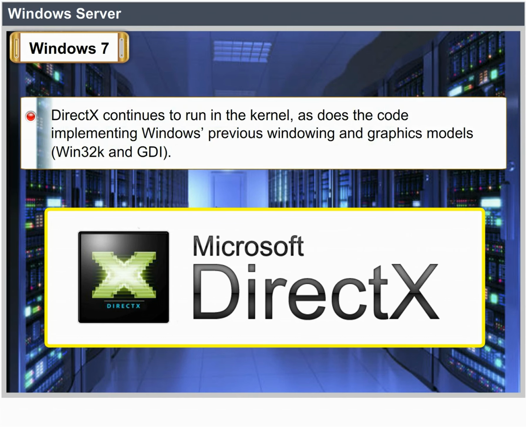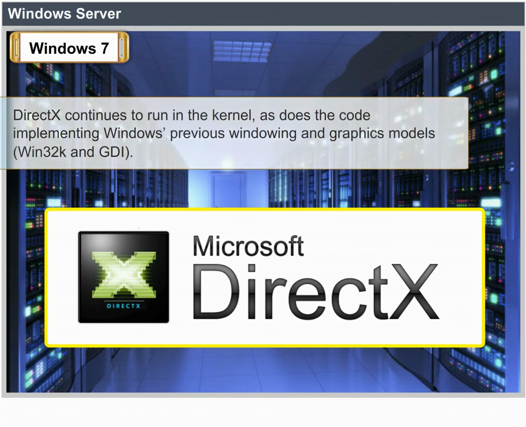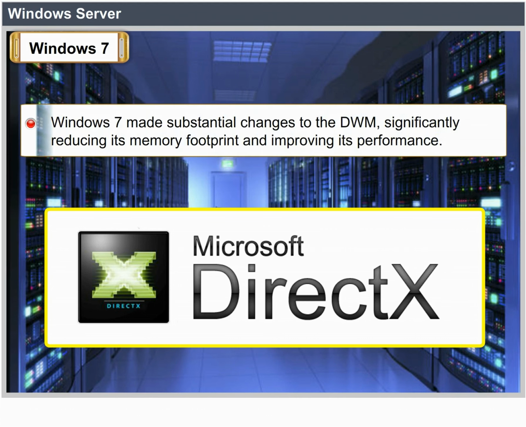DirectX continues to run in the kernel, as does the code implementing Windows' previous windowing and graphics models, Win32K and GDI. Windows 7 made substantial changes to the DWM, significantly reducing its memory footprint and improving its performance.